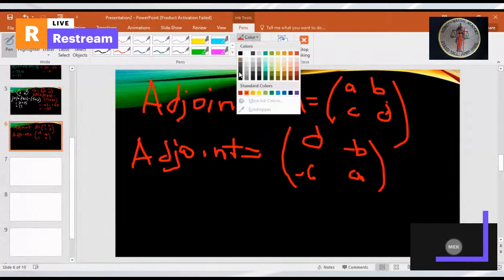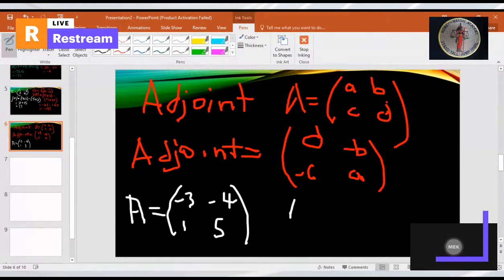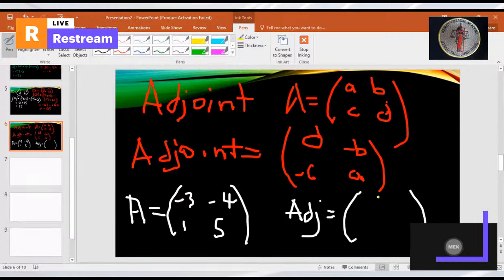For example, if we have matrix A, which is 5, -3, -4, 1, to find the adjoint, we're going to switch places for the A and D. So the 5 would come here.